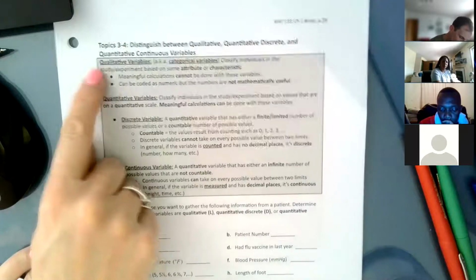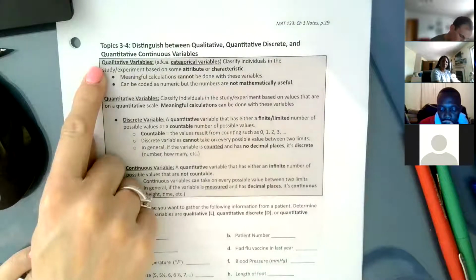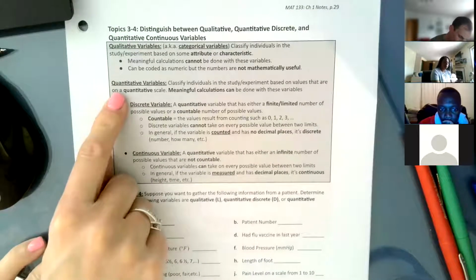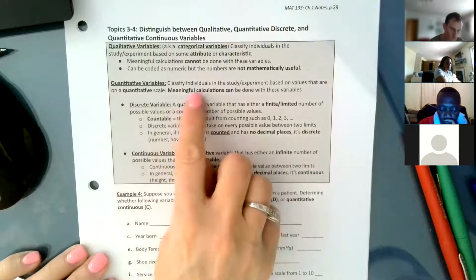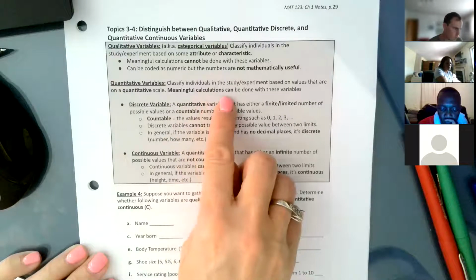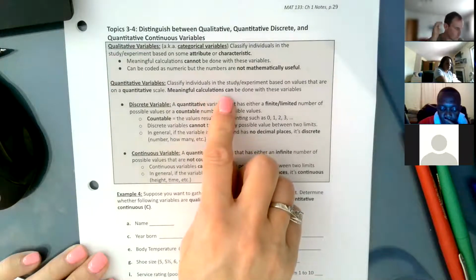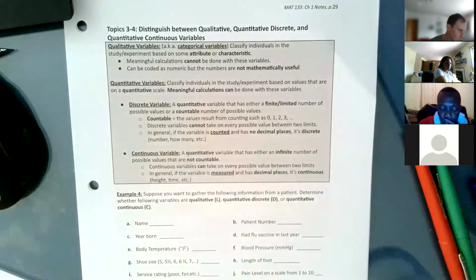That's a qualitative variable. Quantitative variables are numerical, something I can do a meaningful calculation on, such as your age, your weight, your BMI, or the number of pets that you have.